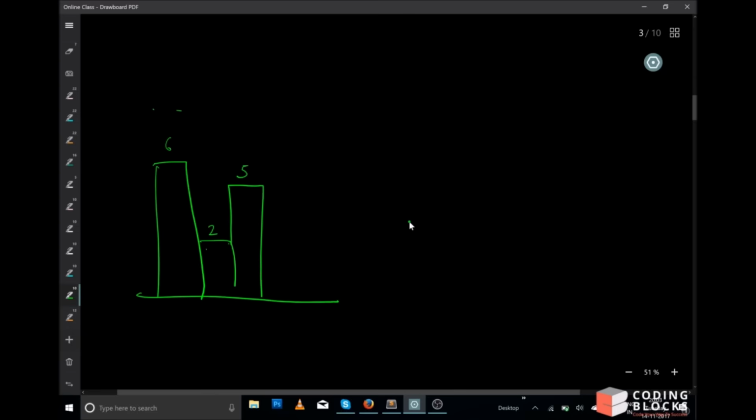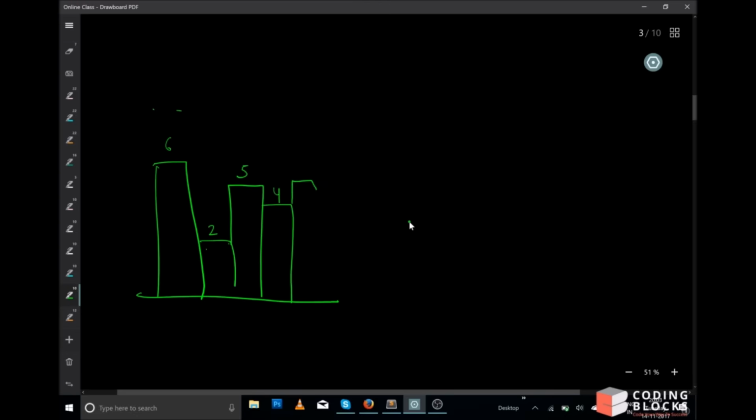So let me draw this one again. Let us draw the bar graph again. So this height is 6 units. Then I have a 2 unit bar. Then I have a bar of 5 units. Then I have a bar of 4 units.